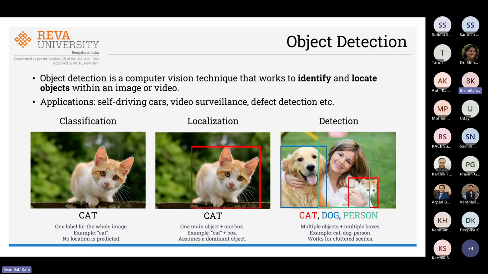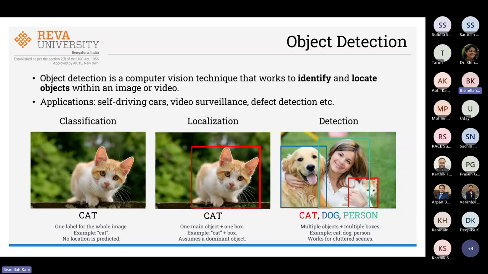For example, it will tell whether there is a cat in this image or not. But the limitation of image classification is that it will not be able to tell the location of the object in this image. So we cannot tell where the cat is. There can be one cat or multiple cats in the image, or there can be multiple objects, both cats, dogs, and other types of objects in the image.